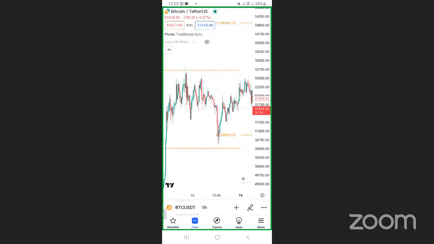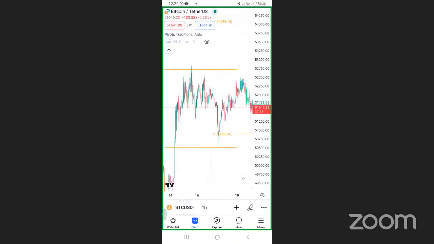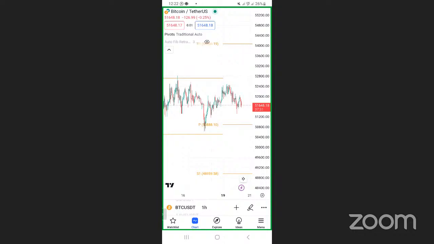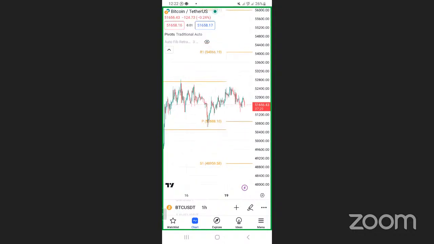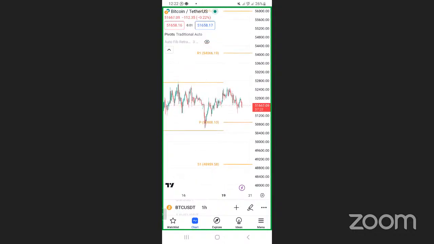So who can tell me currently, the way you see the things, Bitcoin, what is it doing? Is it uptrending? Because this is a 1 hour chart. Is it uptrending? Is it ranging? Is it downtrending? Who can tell us? You can unmute your microphone and speak to us.